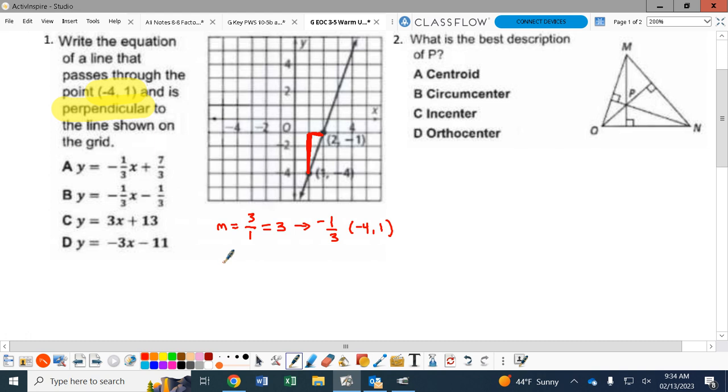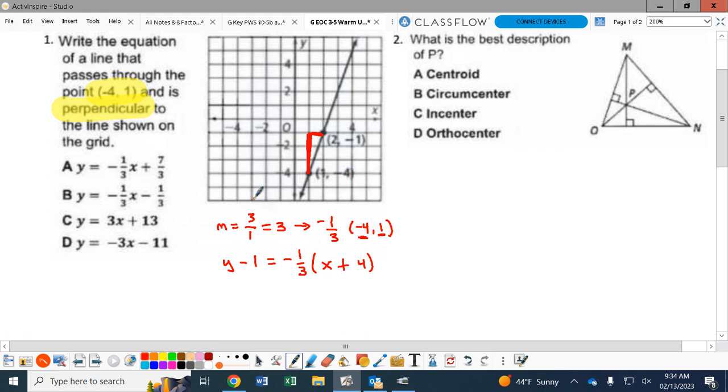To do that, we'd write y minus whatever our y is right here, so it'd be y minus 1 equals our slope, which is -1/3, that's our m, parentheses, x minus whatever the x is here, but because it's a negative, minus a negative turns into a +4 right there. Double negatives turn into positives.